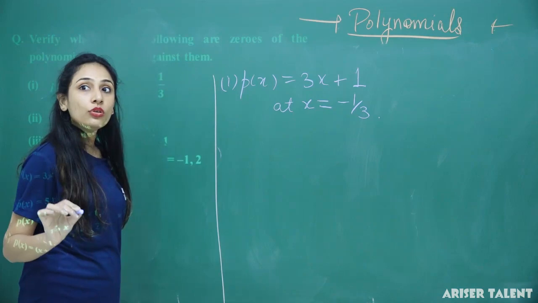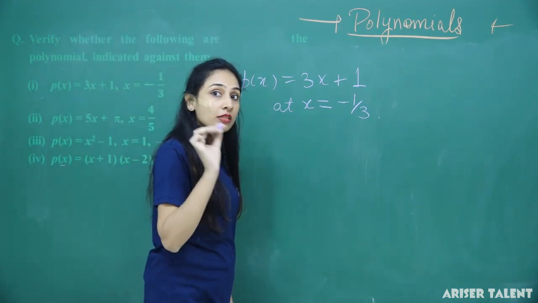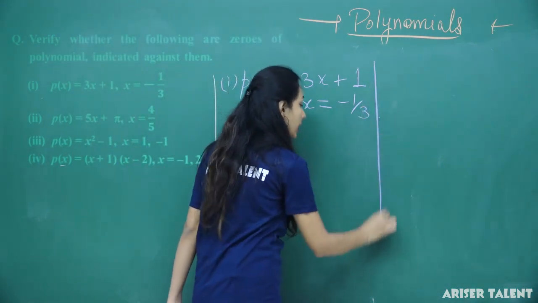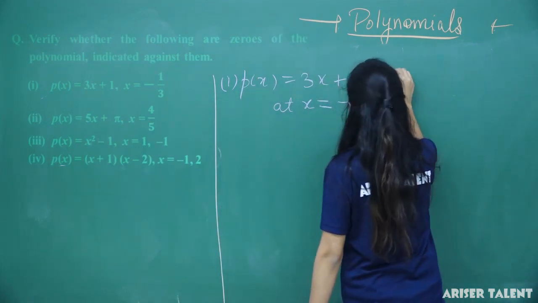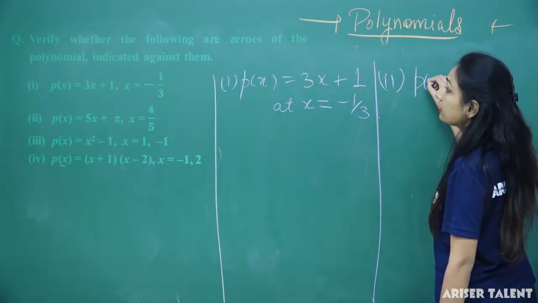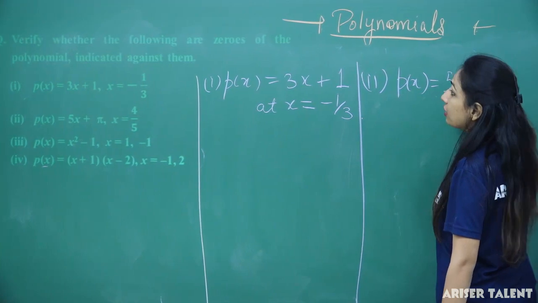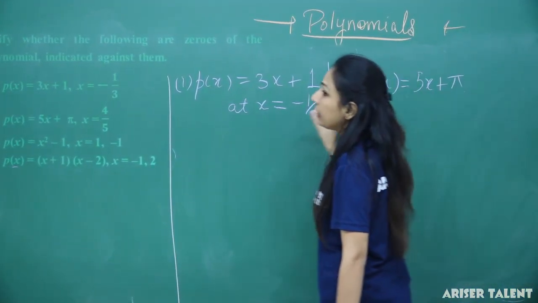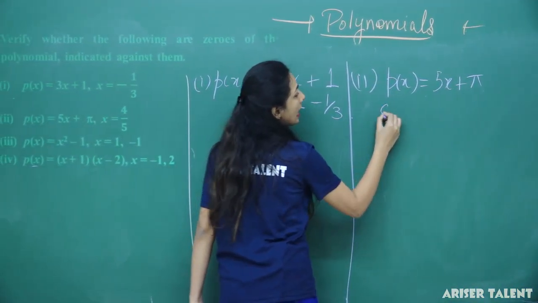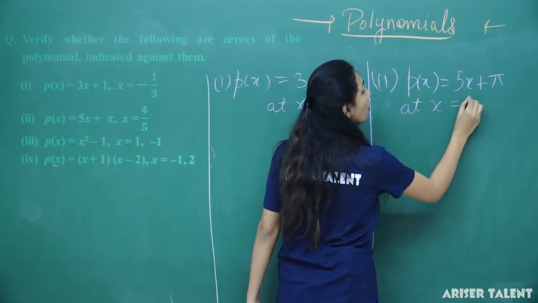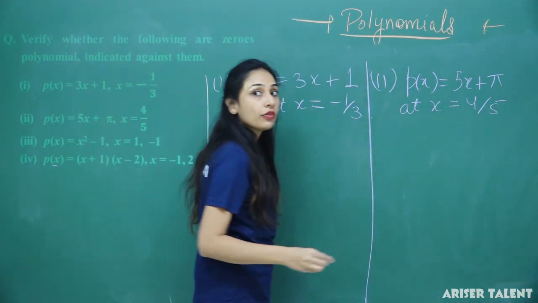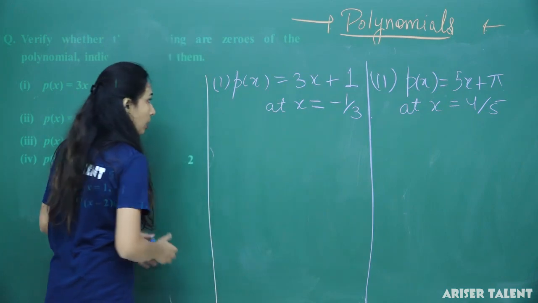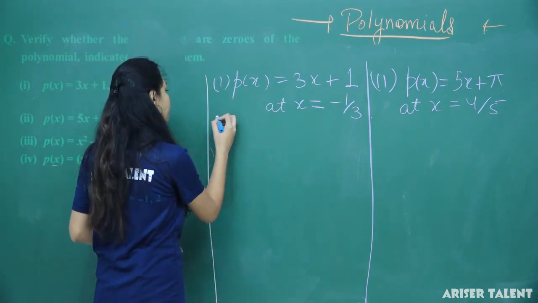Now what you have to look at is whether the value becomes 0 or not. Now your second part is P(x) equals 5x plus pi, and the value given is at x equal to 4 by 5, right? Now, time for the solution.